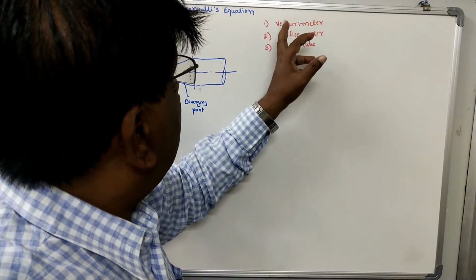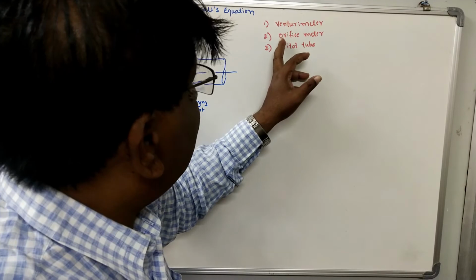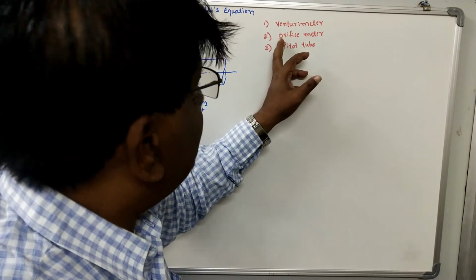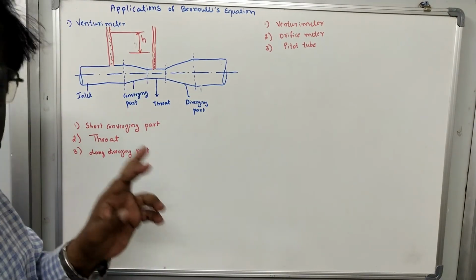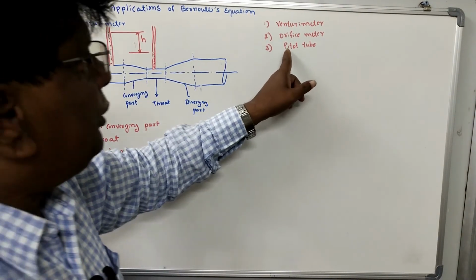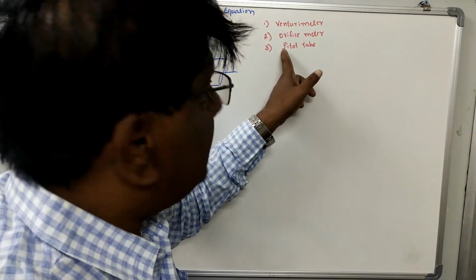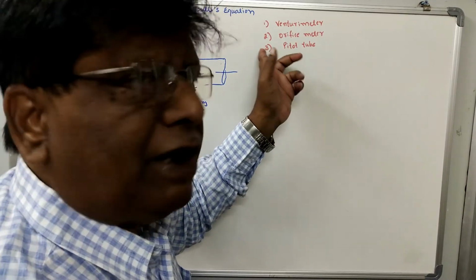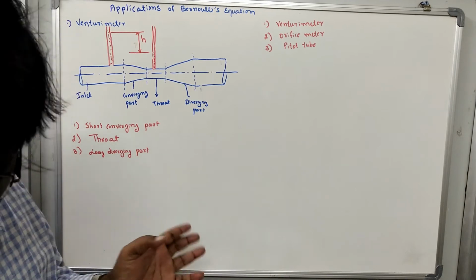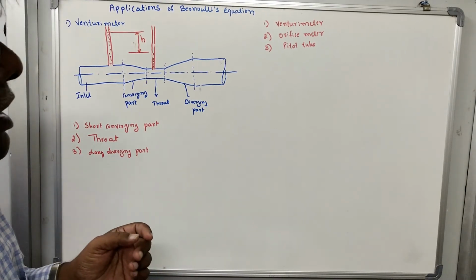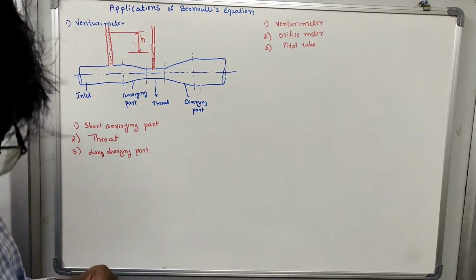That is, venturimeter and orifice meter are useful to measure the discharge, that is the rate of flow through the closed conduit, and the pitot tube is the device, or you can call it an instrument, used to measure the velocity. Okay, so today we will discuss the venturimeter.